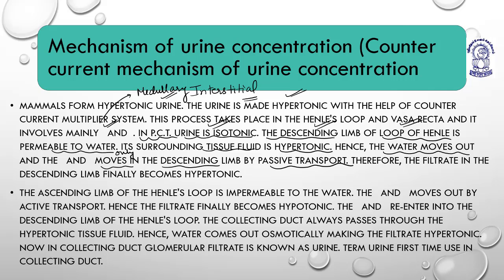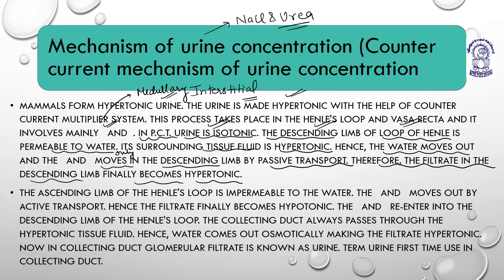Therefore, the filtrate in the descending limb becomes more and more hypertonic. So the counter current mechanism is basically to increase the amount of NaCl and urea in the medullary interstitial regions, especially the loop of Henle and vasa recta.